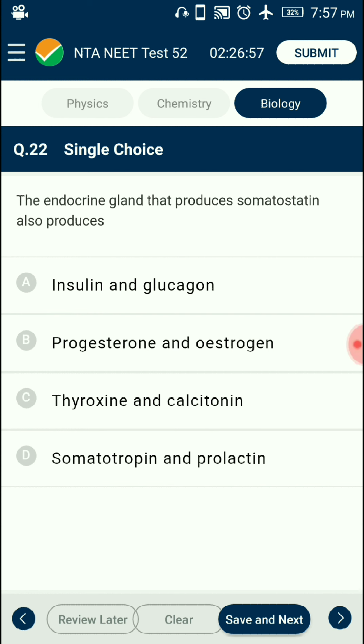Somatotropin, generally called growth hormone, and prolactin are secreted by the anterior pituitary gland. Insulin and glucagon are secreted by the pancreas and play a major role in the regulation of blood glucose levels. Somatostatin is also secreted by the pancreas. Delta cells of the islets of Langerhans secrete it as a regulating hormone that regulates the levels of both insulin and glucagon. It is also secreted by the hypothalamus. So the answer for this question is option A, insulin and glucagon.